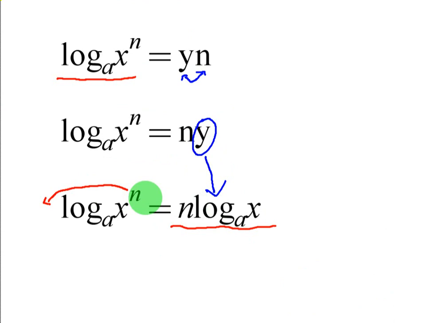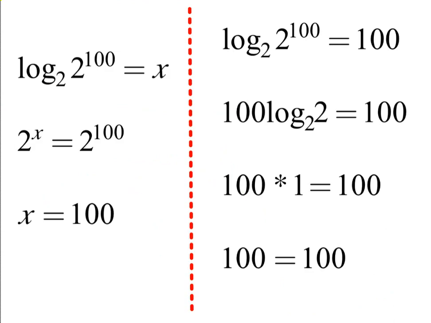So all of that to be said, let's show how this works in action and why it's important. First of all, log base 2 of 2 to the 100th power. 2 to the 100th power is a huge number, really, really big. But imagine if we just took the 100 and moved it to the front and then evaluated that.